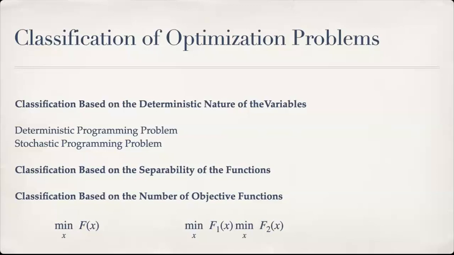This becomes another type of optimization problem. We call this type of problem a multi-objective optimization problem. In the real world, most of the time we deal with multi-objective optimization problems. Your objective is to minimize cost and at the same time minimize other things, or maximize other things.